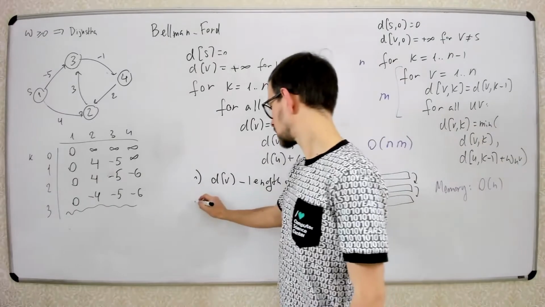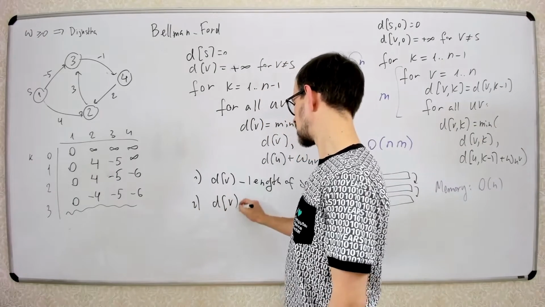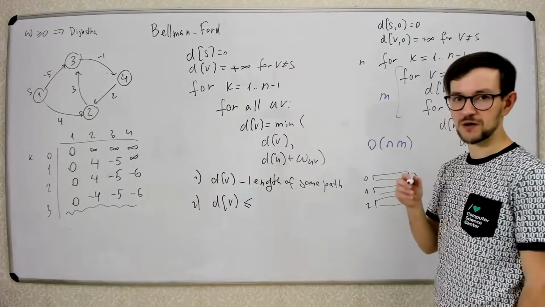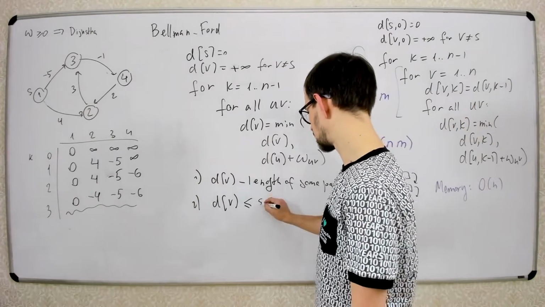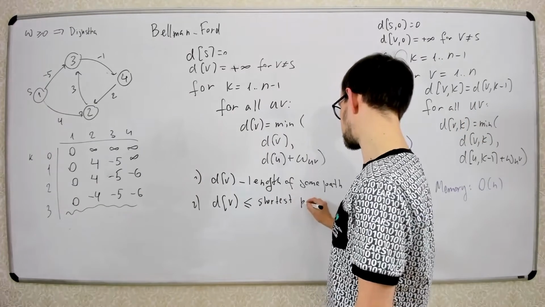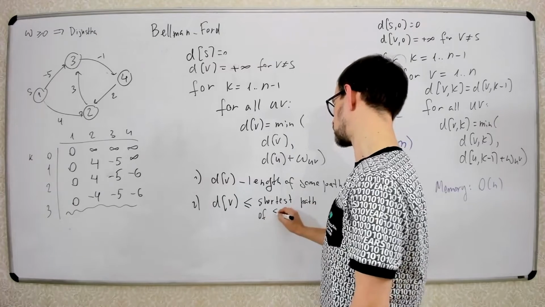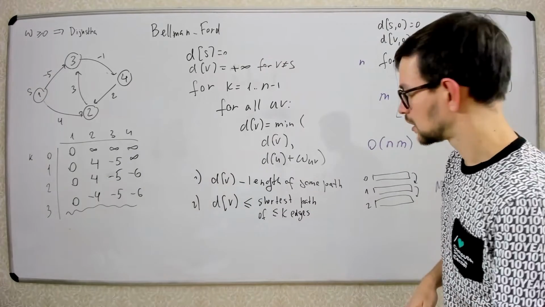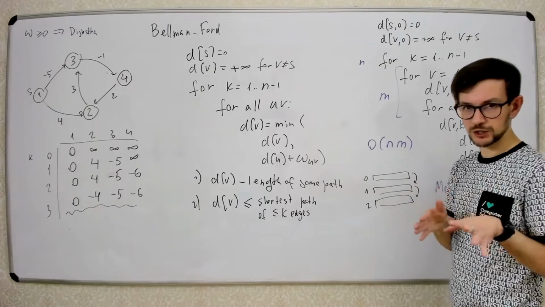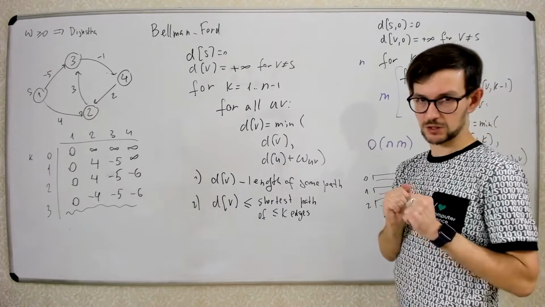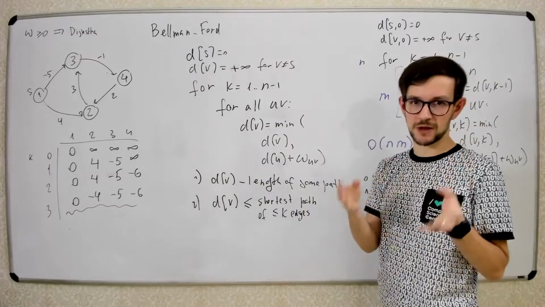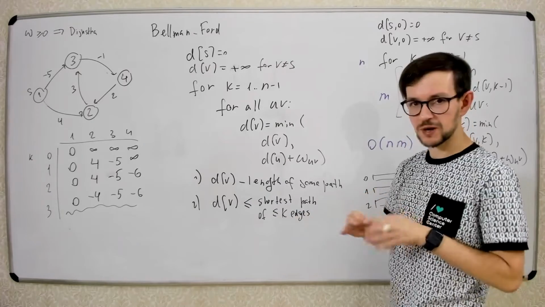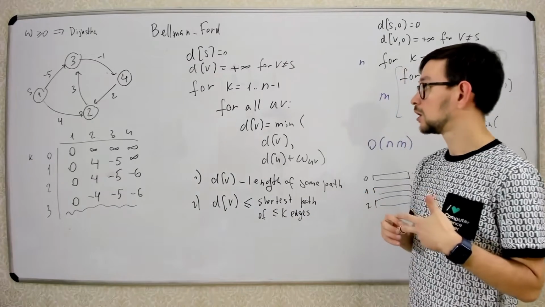And now the second observation: dv is not larger than the length of the shortest path of at most k edges. So after every iteration, we will build some paths in this graph. So this dv will be the length of some path, and this path will be not worse than the length of the shortest path of k edges. Well, let's prove this.